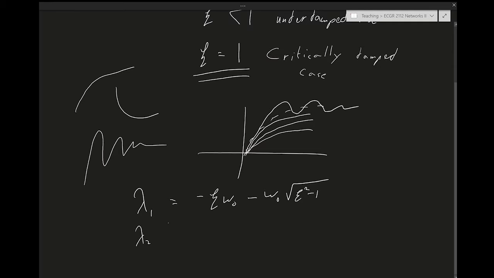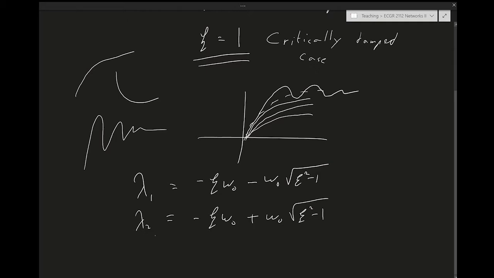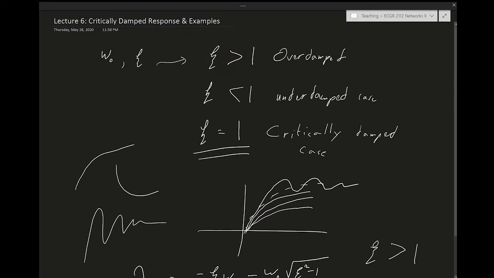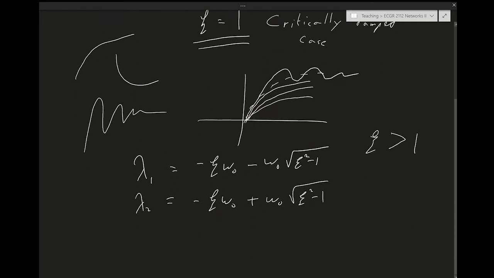This is the first natural frequency. The second natural frequency is minus zeta omega naught plus omega naught times the square root of zeta squared minus 1. Right. So these are the two natural frequencies when zeta is larger than 1, when the system is overdamped.